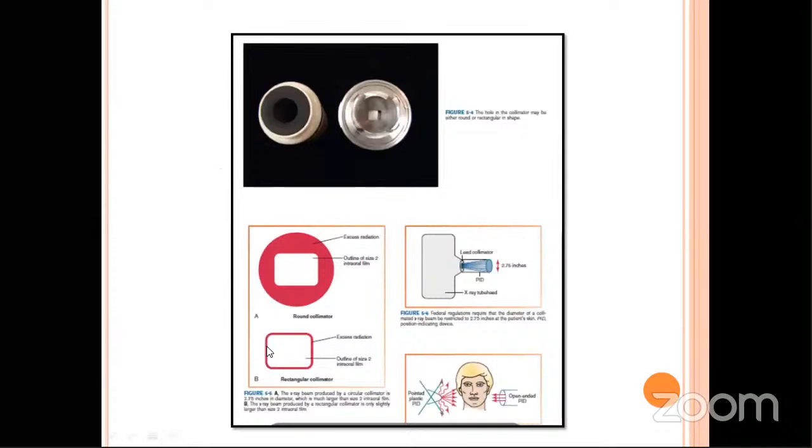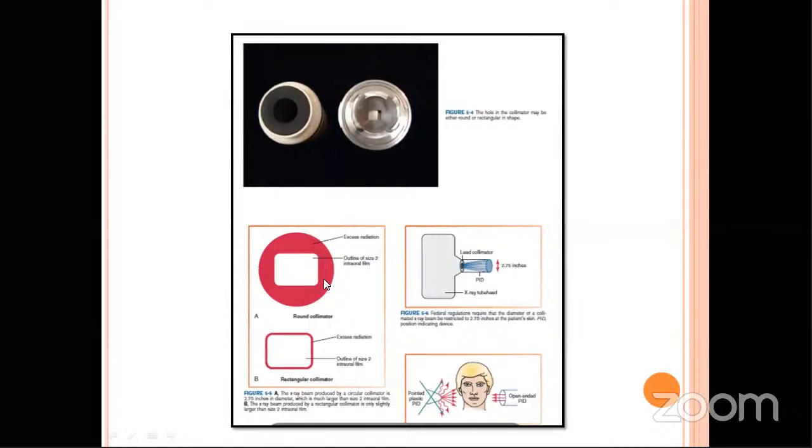This diagram shows that if you use a round collimator with an IOPA film, the shaded area around the film will get excess radiation.